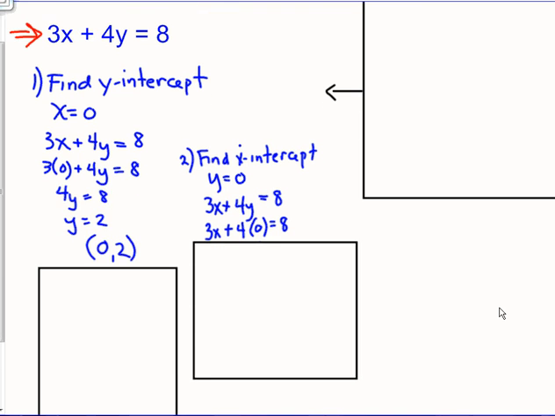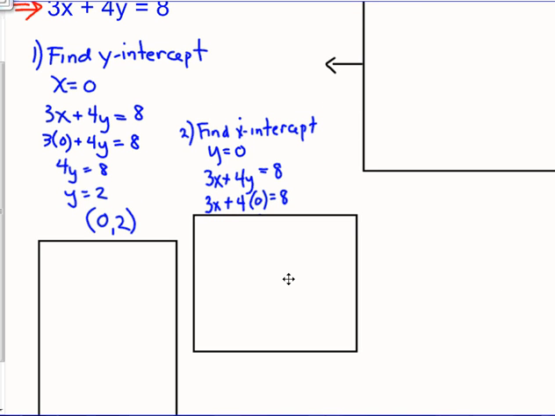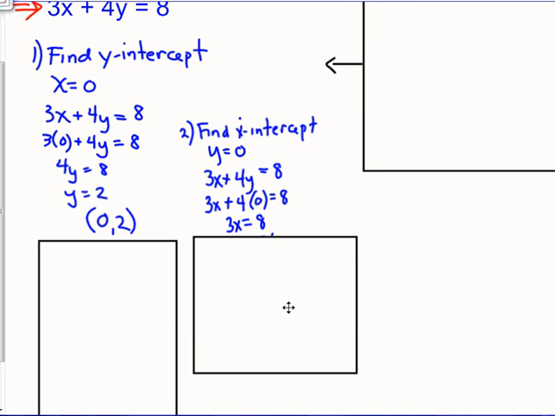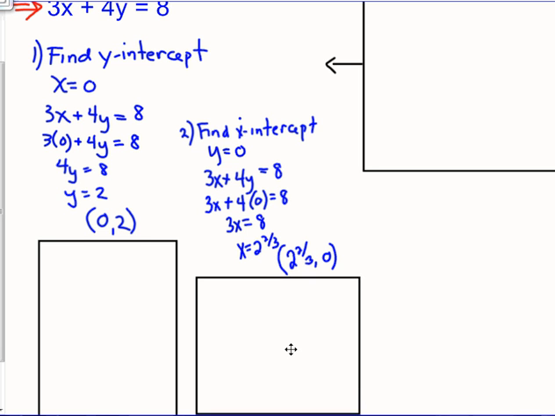That 4 times 0 goes away, so we're left with 3x equals 8, and you divide both sides by 3. 8 over 3 is 2 and 2/3, which is my x coordinate. So the coordinate pair is (2 and 2/3, 0).